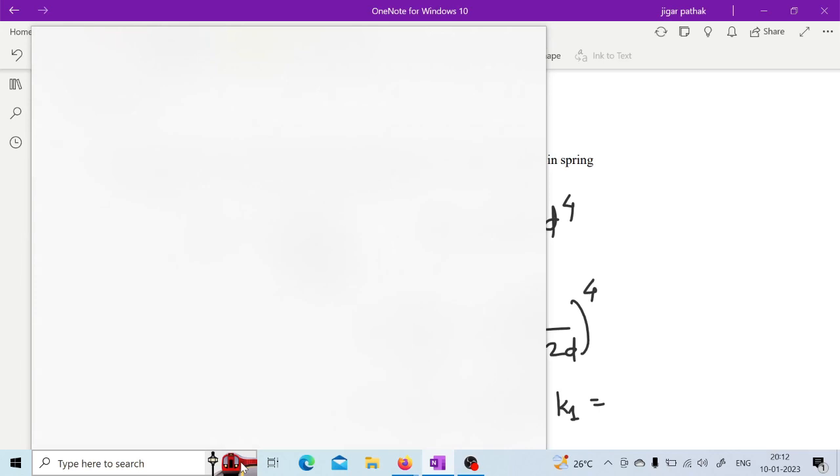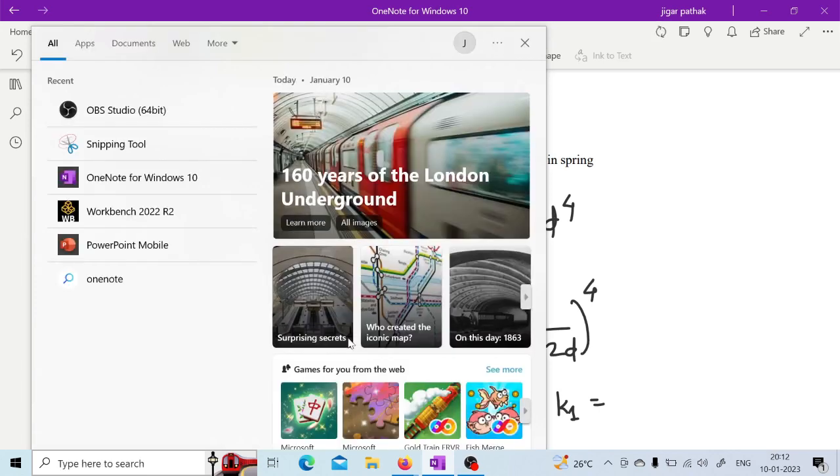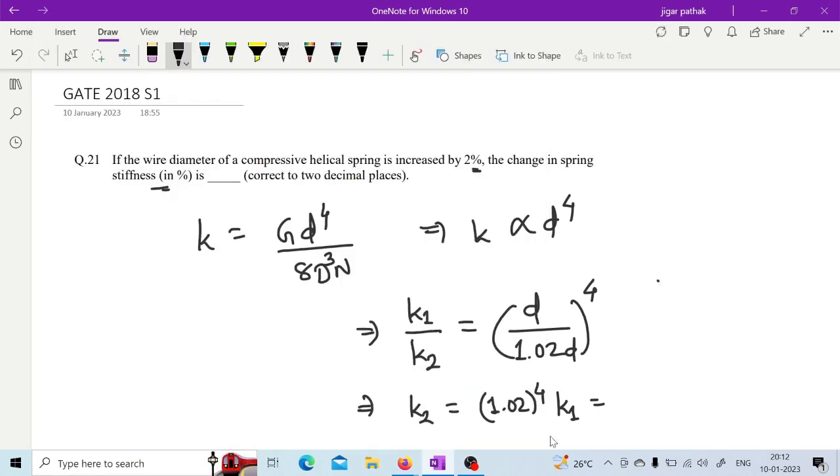So K2 is equal to what you get if you go for power 4, 1.08242. Okay, right. So this is your K2.